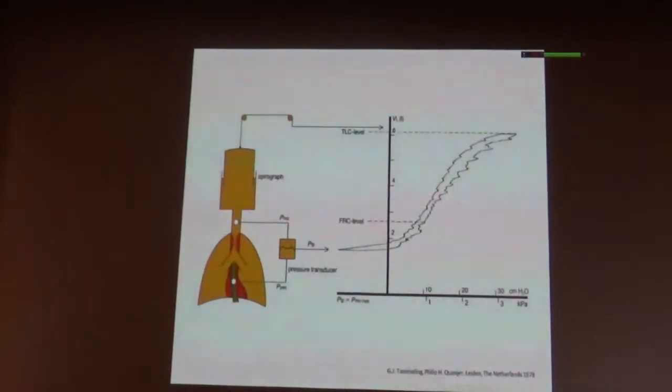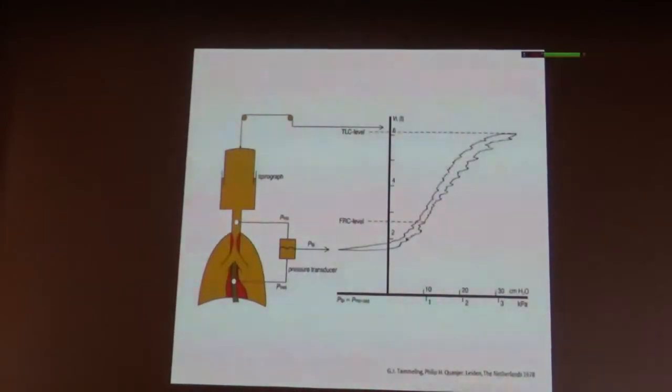This is a classical measurement of a pressure volume curve in the pulmonary function test lab using transpulmonary pressure, going from the residual volume up to total lung capacity. This is something we have known for years and years.